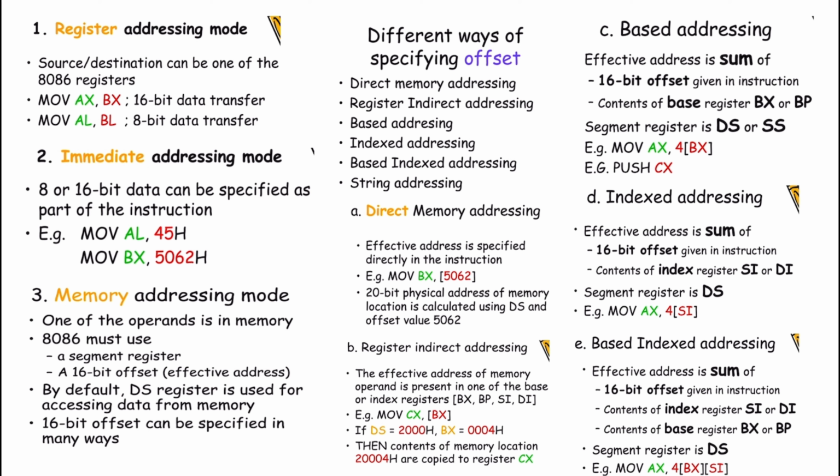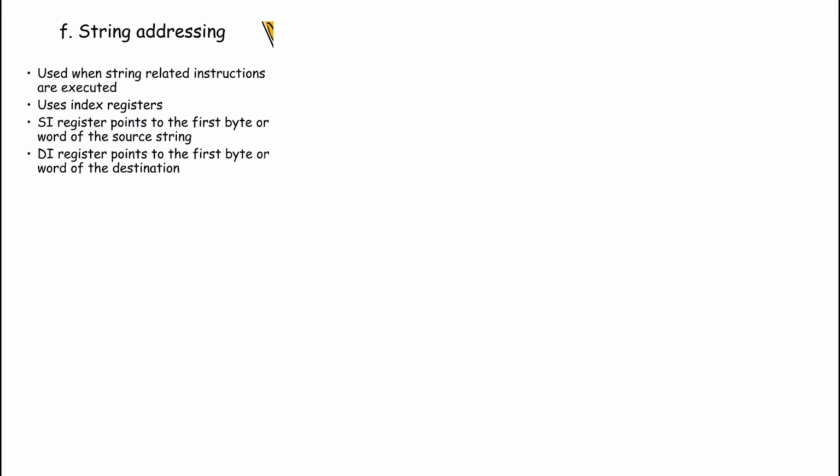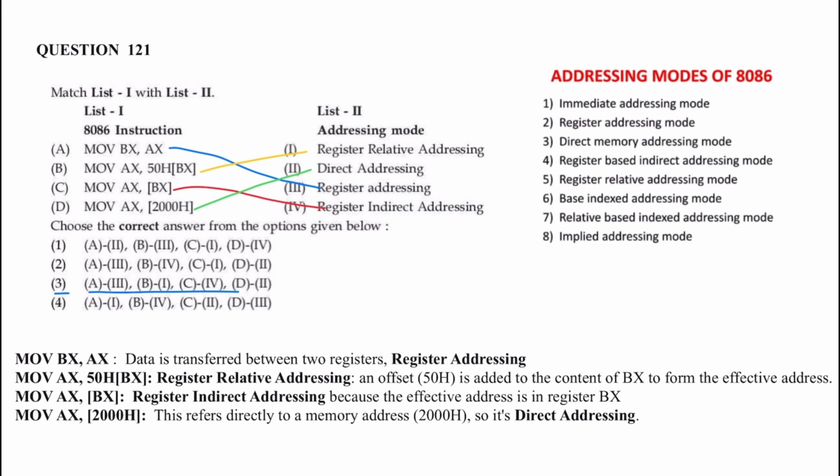Immediate addressing mode: 8-bit or 16-bit data can be specified as a part of instruction. Memory addressing mode has different ways of specifying offset: direct memory addressing, register indirect addressing, based addressing, indexed addressing, base index addressing, and finally string addressing.